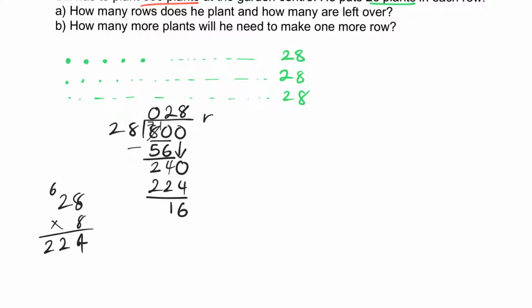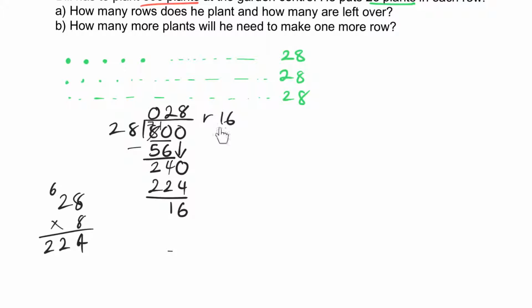So, what does this mean? This means that he can have 28 rows and he'll have 16 plants that are left over. Now the second question asks, how many more plants will he need to make one more row?